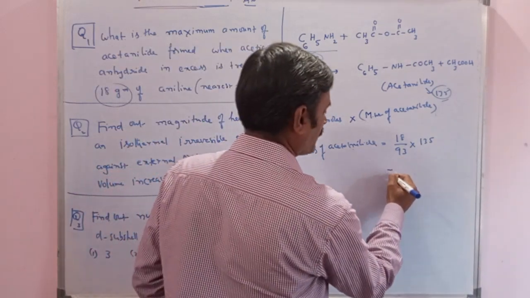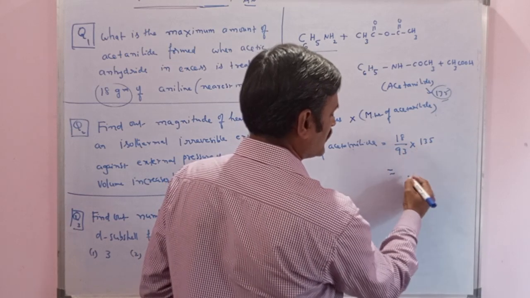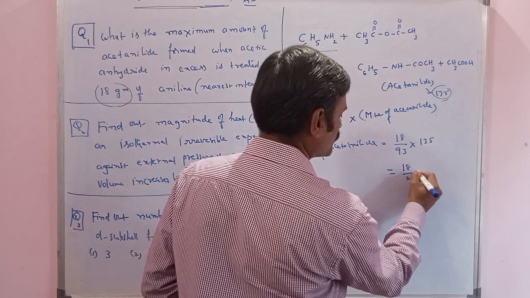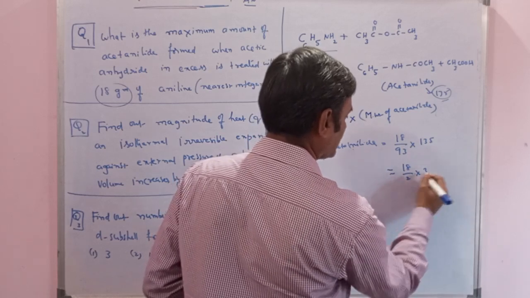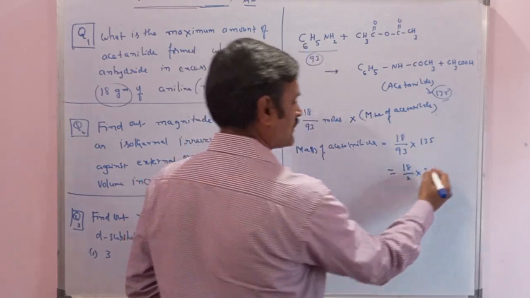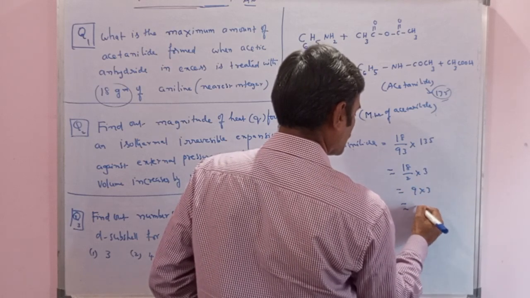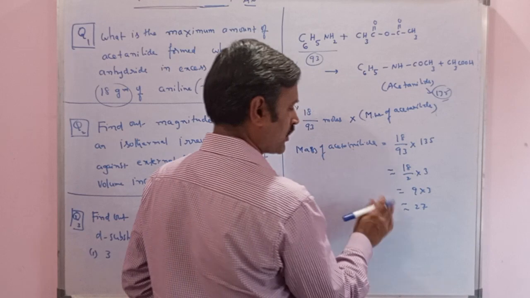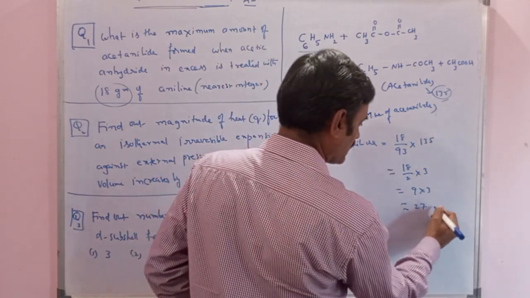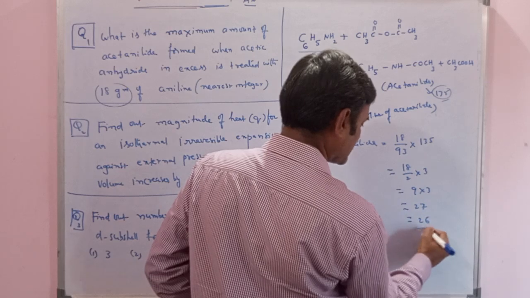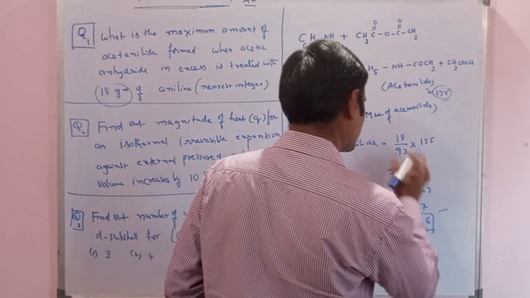Okay, if you go with approximation calculation, if you take 93 as 90 and this is 135, 18 by 2 into 3 will come. So it is 9 into 3, going to come, we will get 27 approximately, but since it is more than 90, we will consider 26 approximately as the final answer for this question.